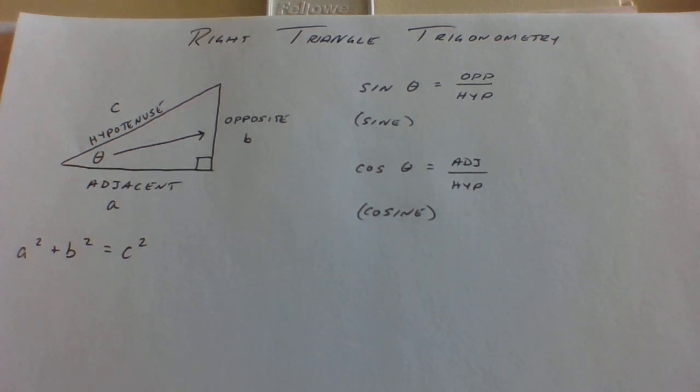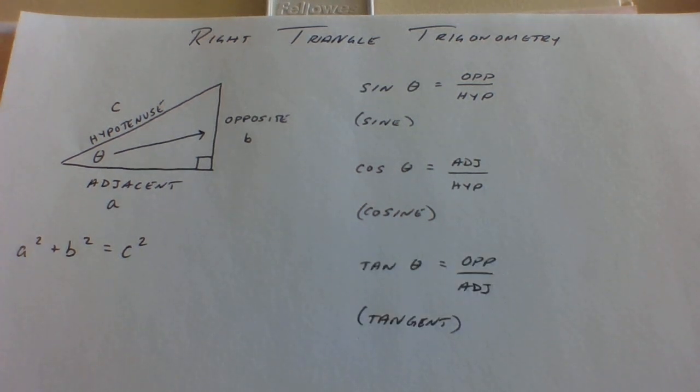Cosine of theta is equal to my adjacent side over my hypotenuse. Tangent of theta is equal to my opposite side over my adjacent side.